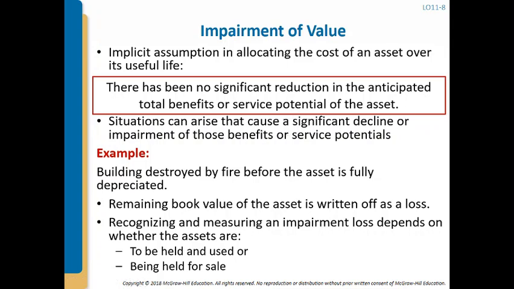All right, so here we have an example of a building destroyed by fire before the asset's fully depreciated. In that case, it's apparently totally destroyed, so you're going to take the remaining book value and write off the asset.